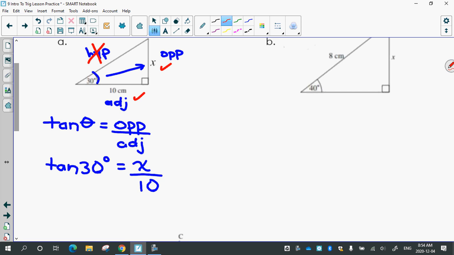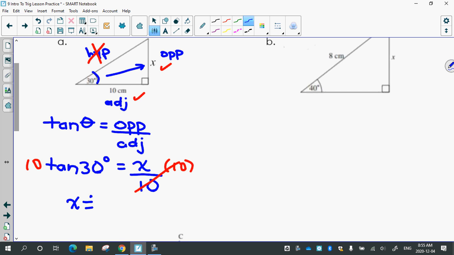But if I want to get x by itself, this is like a grade 9 equation. X divided by 10 equals something. How do I get x by itself? Times by 10 on both sides. So if you type in 10 times tan 30, that should give you what x is. So type it in your calculator.